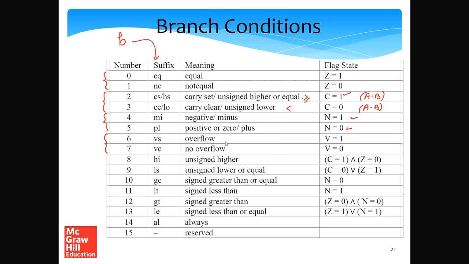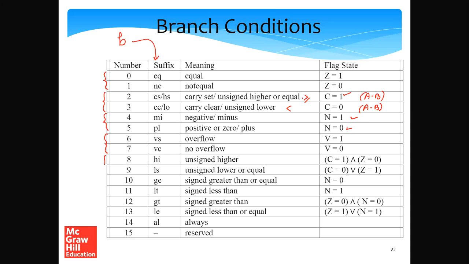In that case, we either allocate more bits or we signal an overflow. Overflow here means the result cannot fit within 32 bits, so the overflow flag will be 1, and in the case of no overflow, the overflow flag will be 0.